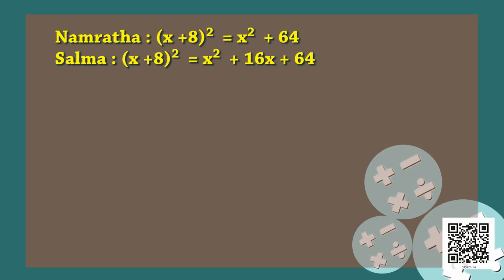In that way Namrata has done. Do you remember the first identity, a plus b whole square is equal to a square plus 2ab plus b square. Like that only Salma has done it. Therefore, she got the answer as x plus 8 whole square is equal to x square plus 16x plus 64.